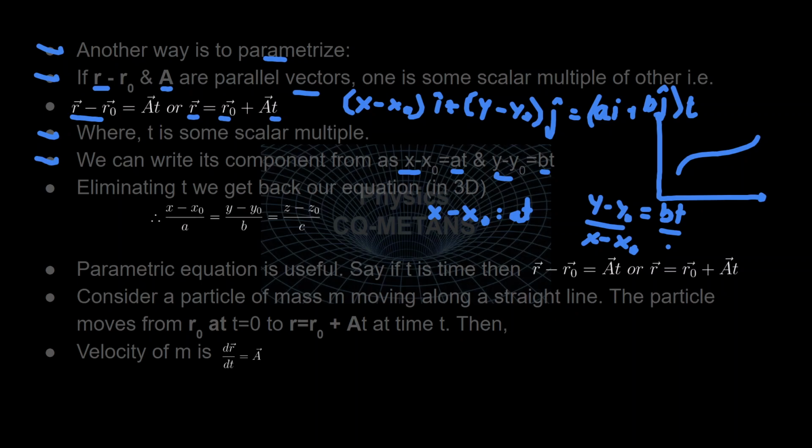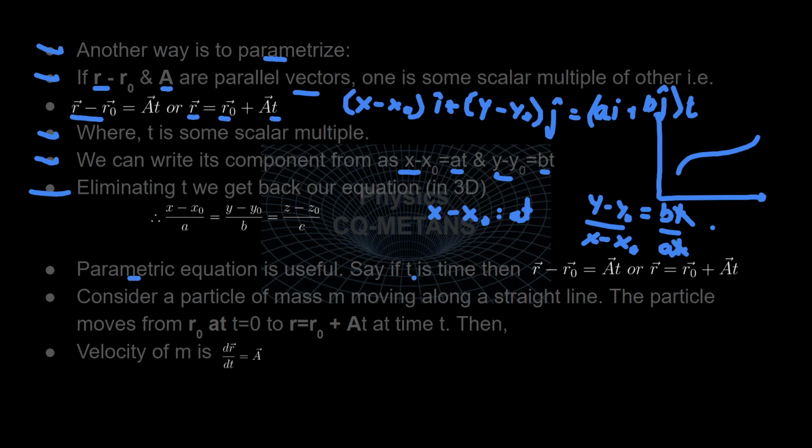What we are left with is y minus y naught divided by x minus x naught is equal to b by a. This is the equation of a straight line. If I write it in three dimensions, this will be the equation. So this parametric equation is useful.